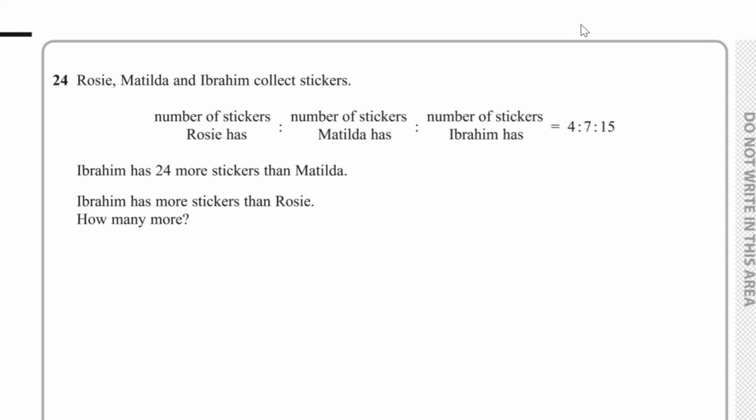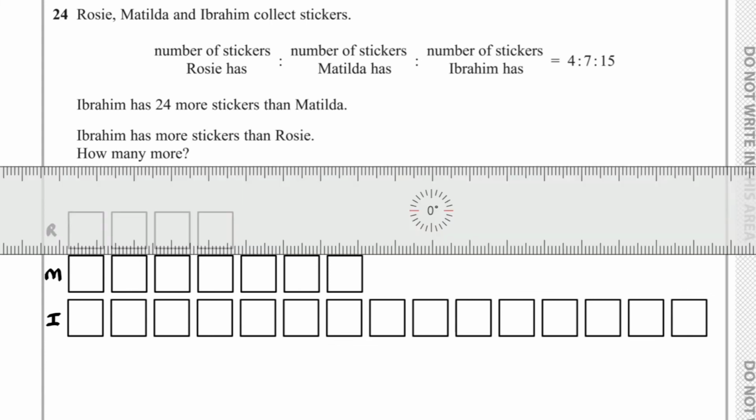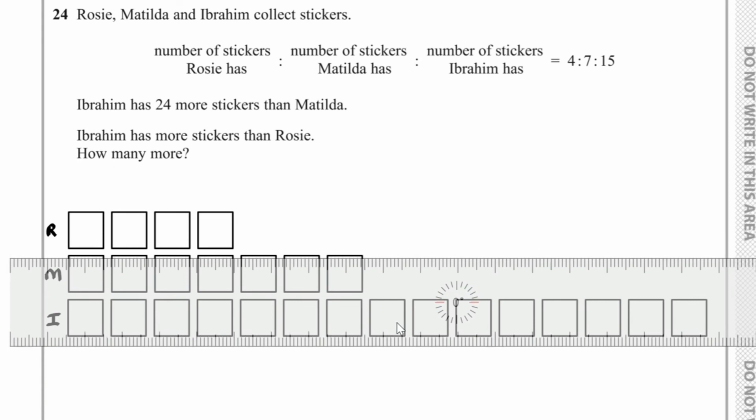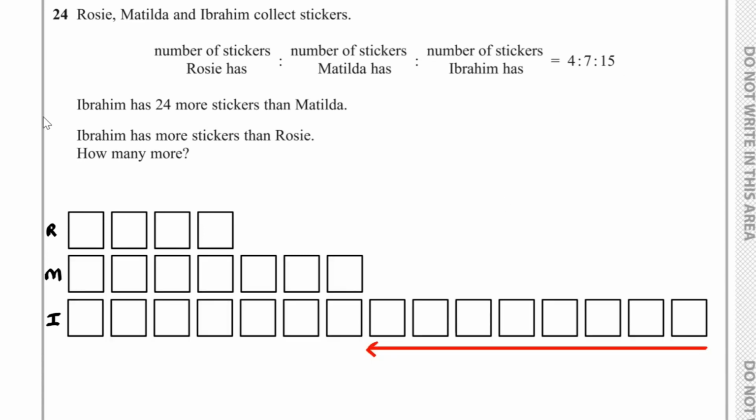Now, to do this question, I think using the bar model is the most useful method. So here we've got a visual representation of their ratios, R to M to I, that's 4 to 7 to 15, and we know that Ibrahim has 24 more stickers than Matilda, so the difference between Matilda and Ibrahim is 24, so this over here is equal to 24.